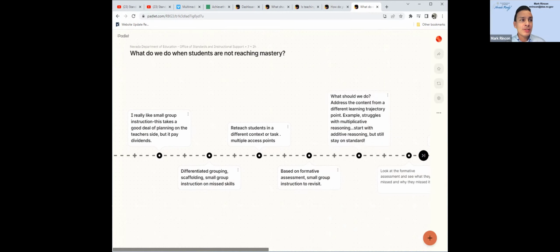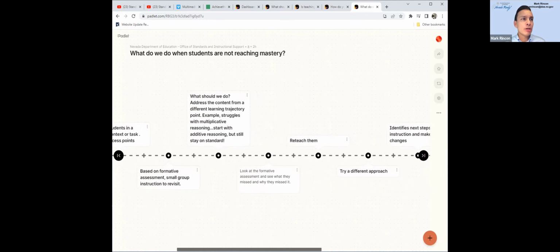Based on formative assessments, small group instruction to revisit the material. Address the content from a different learning trajectory point. Some examples include struggles with just looking at different ways how we can look at additive reasoning, but still stay on the standard.